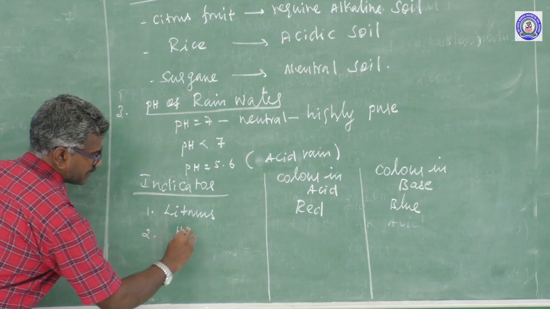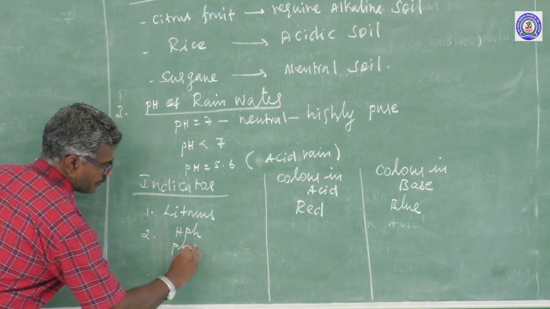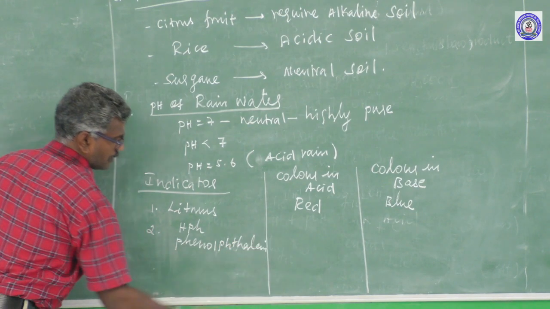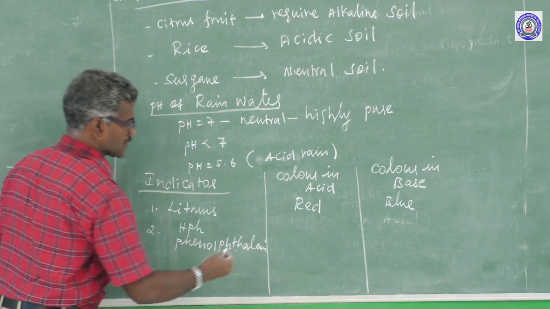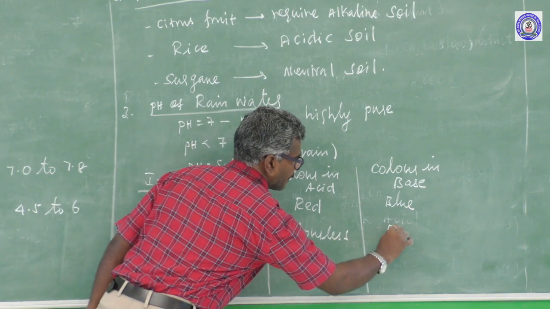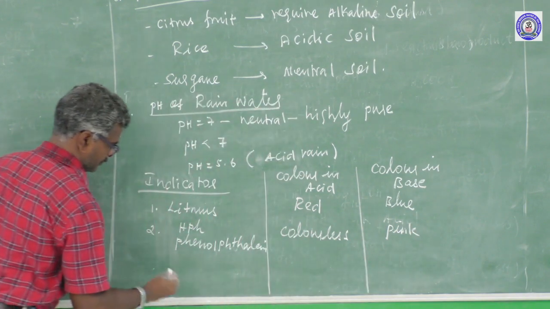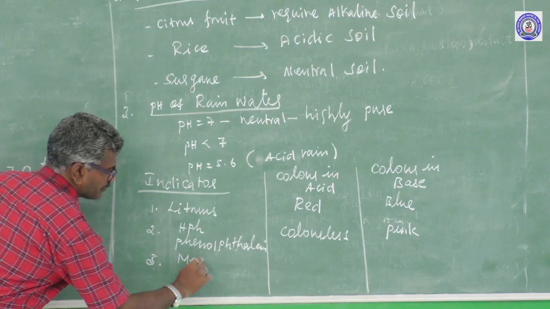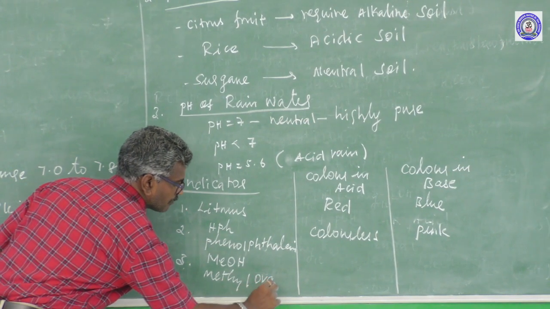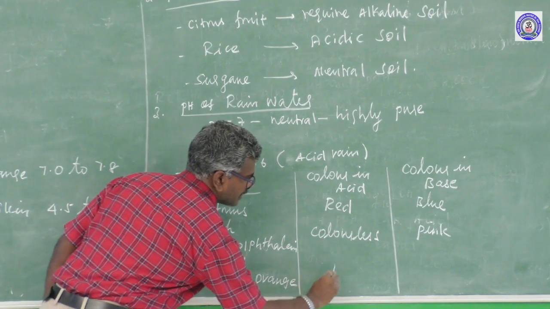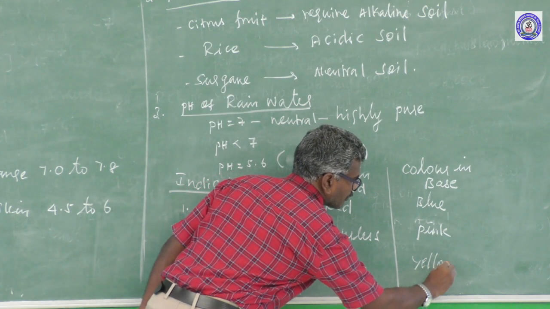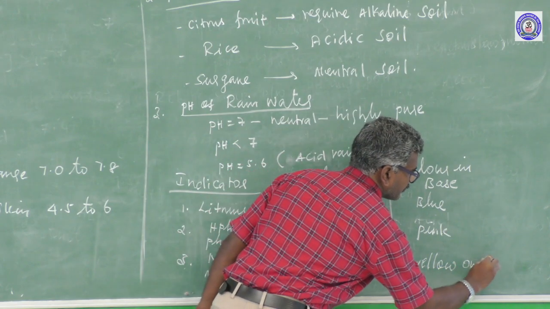Another one is phenolphthalein: it is colorless in an acid medium and pink in a basic medium. Another one is methyl orange: pink in an acid medium, yellow or red in a basic medium.